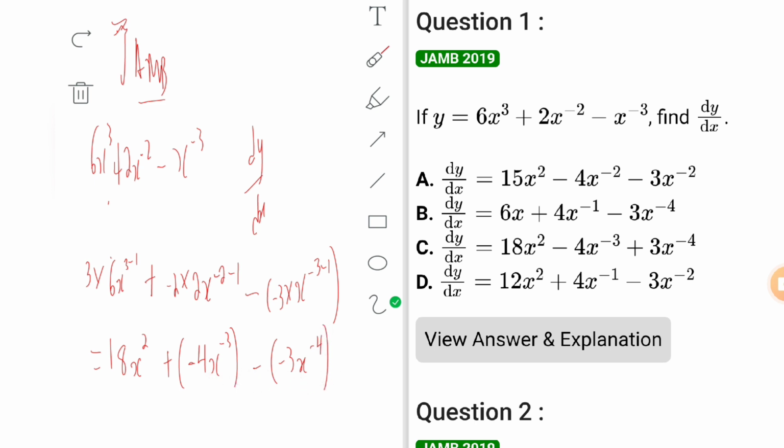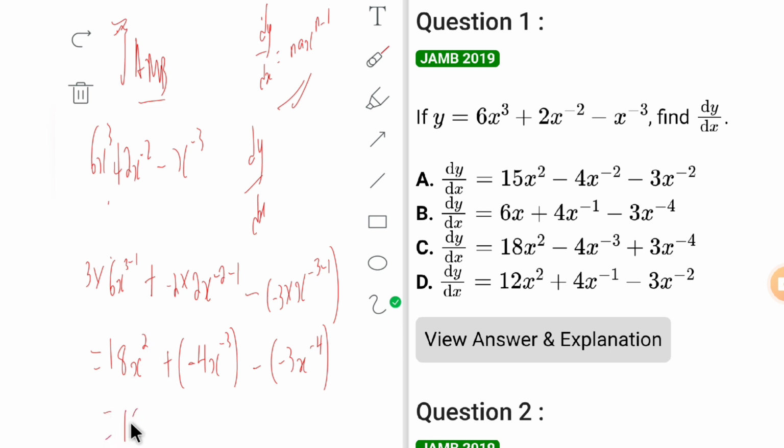Now, if you've understood how we got to this aspect, now we are simply working with simple steps in getting our answers. Just following the rule as mentioned earlier, dy/dx equals a n x raised to power n minus 1. Never forget this rule at all. Never forget that rule. So when you're done with that aspect, you go to the next step.